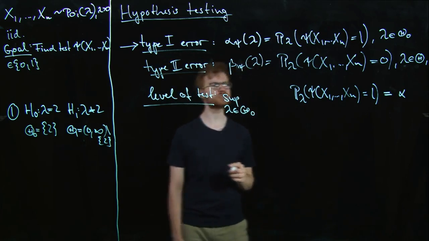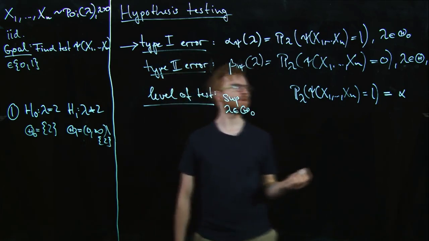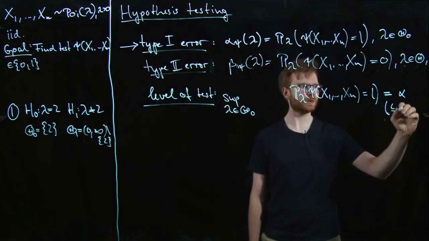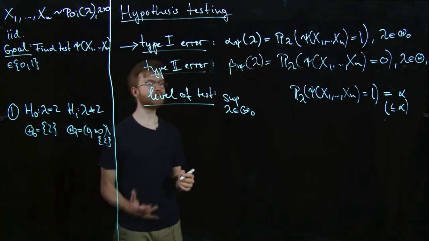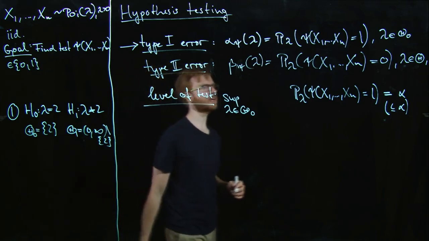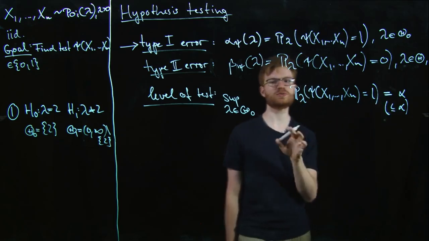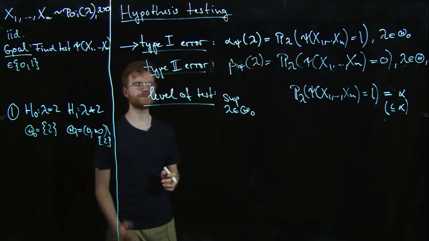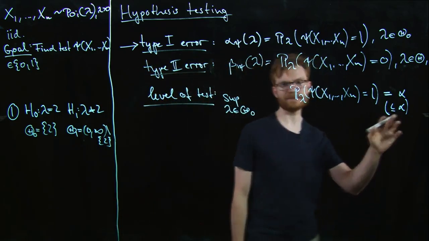And this is the supremum, so the biggest type 1 error that we can make. And when you're asked to produce a test with a certain level, often what we really want is just that alpha is the biggest error that you can tolerate. But when we ask you to produce a test in homework, for example, what we actually want is for you to find one that has exactly the supremum equal to alpha, just so we actually fix the error level. But usually, it's just defined as being better than alpha.